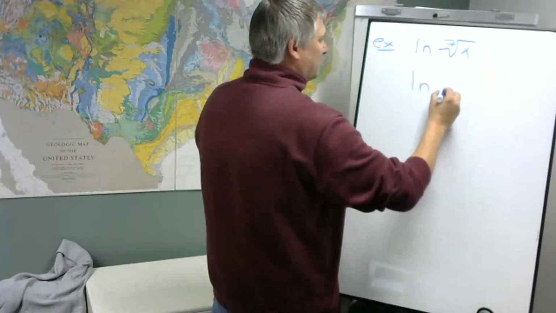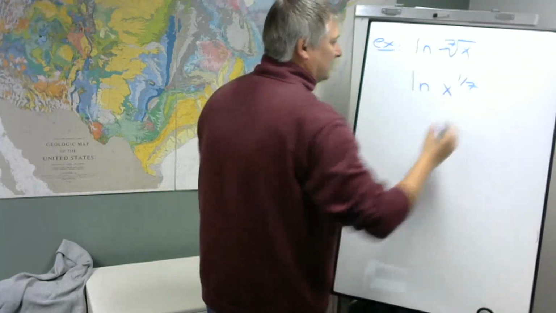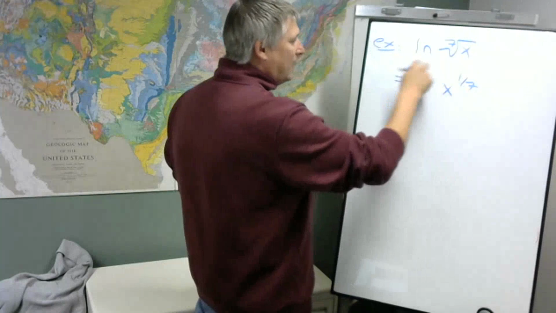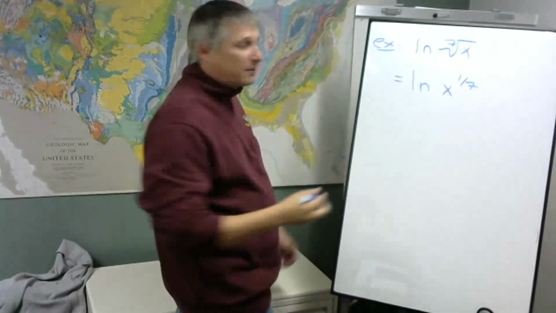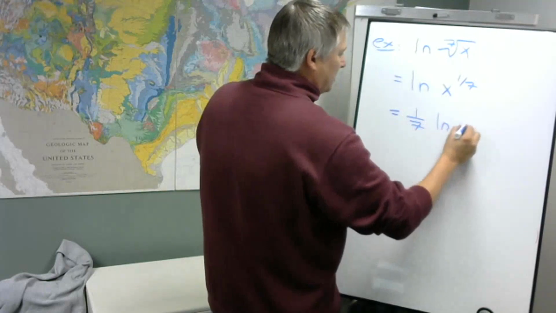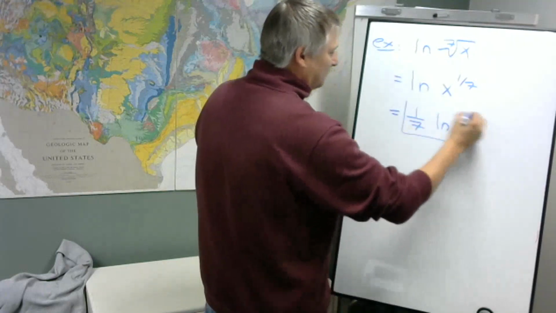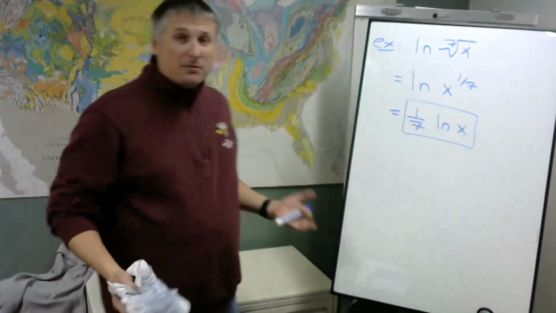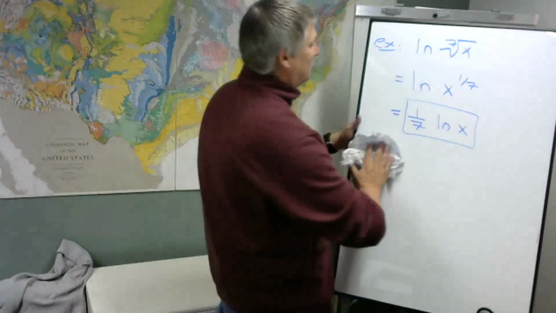So this would be the natural log of x to the 1/7. And according to this property, this will hop on down in front of our natural logarithm. And so we get 1/7 natural log of x. And there we go.